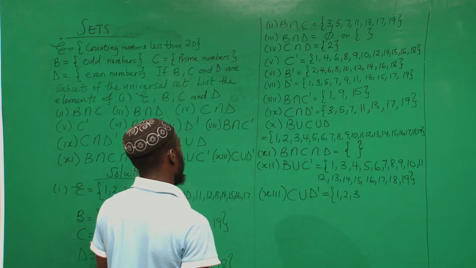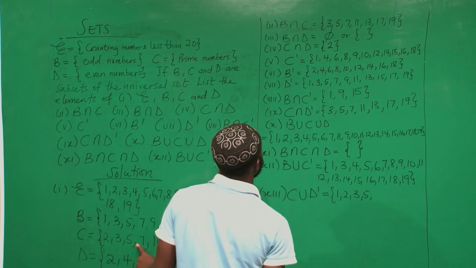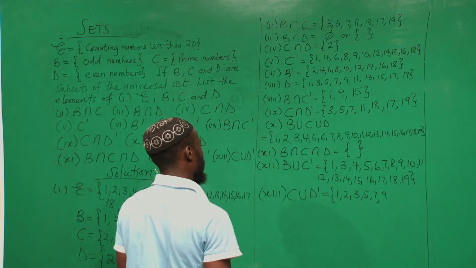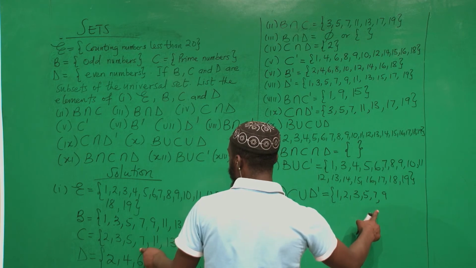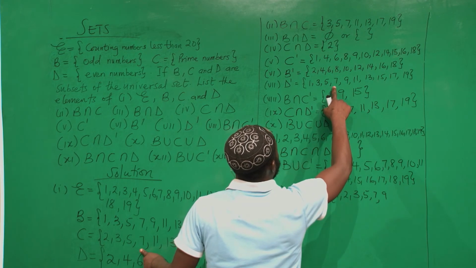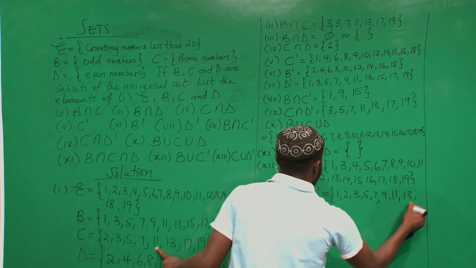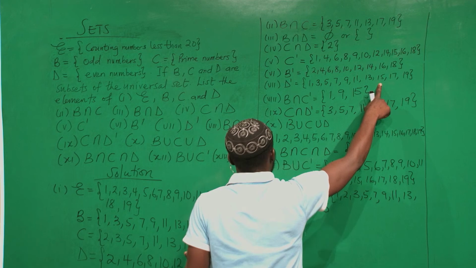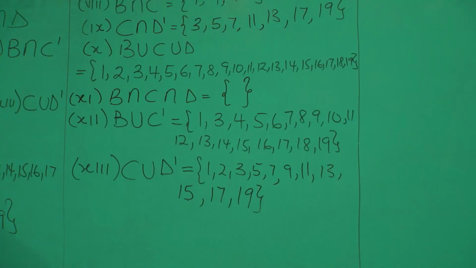There's 5, so 5, 7, 9. 7 is here and in D complement there is 7 also, 9. Then 11, 13, then 15, then 17, then 19.